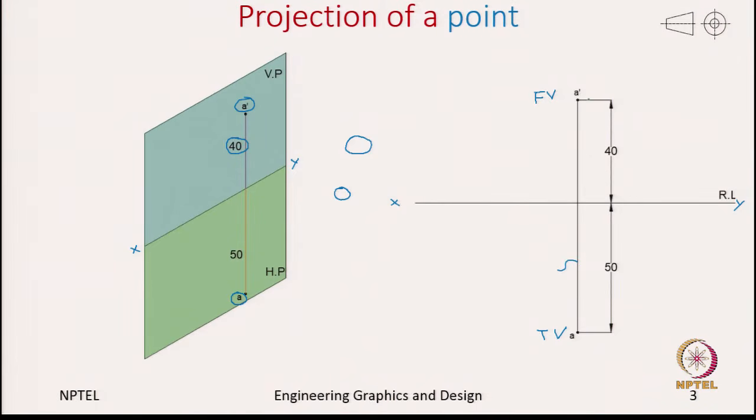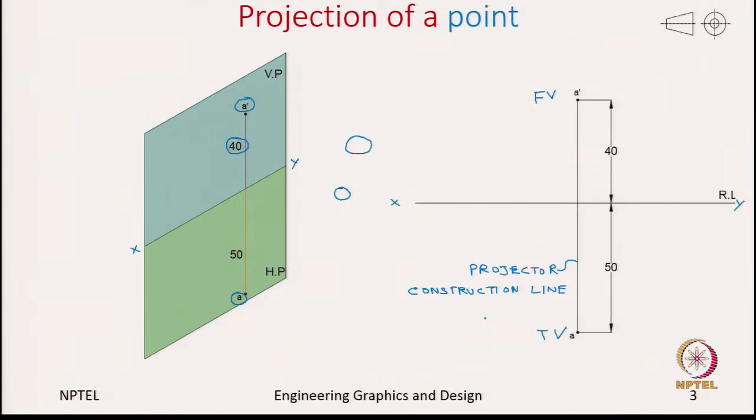This line which connects the same point in the front view and the top view is also called the projector. We also call this line which we use to connect them the construction line. So, for construction lines we use thin lines, continuous narrow lines.